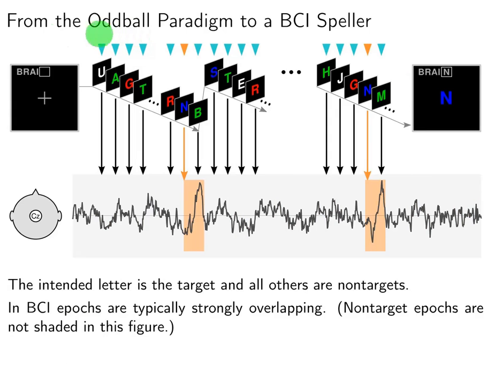All right, now how can we build a BCI speller using the data collected from the Oddball paradigm? So as I said, we have two conditions, standard and deviant. If you translate those two conditions into spelling, we can have a character of interest that we want to spell, for example here, brain, N. Then this will be the deviant, right? And then all other characters being flashed to the user will be standard.